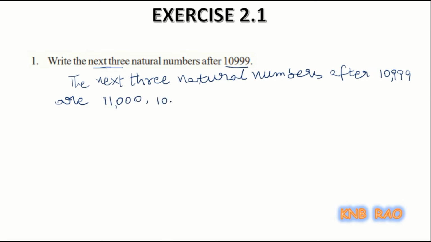Next one more than this 11,000, 11,001, and one more than 11,001 is 11,002. So these are the next.